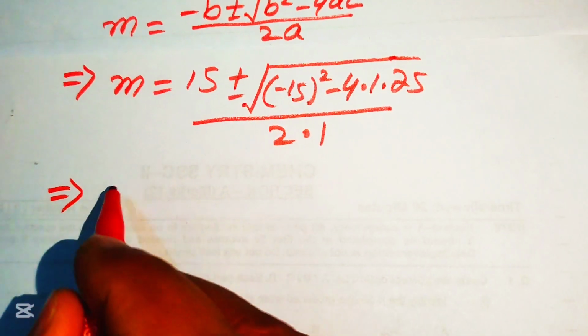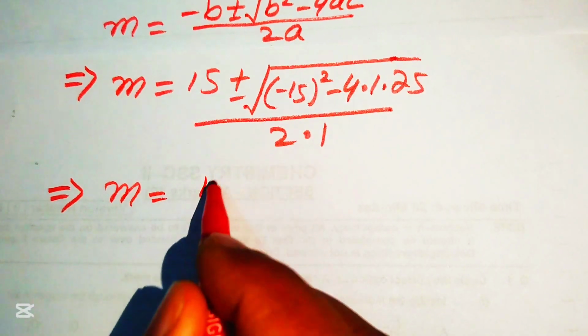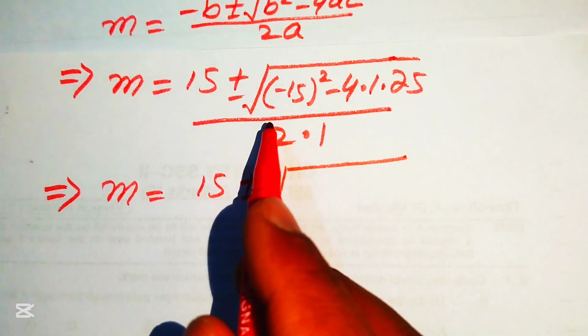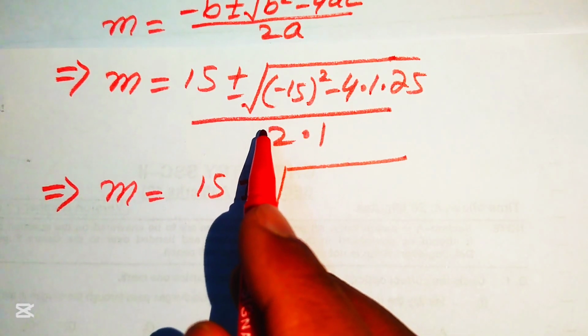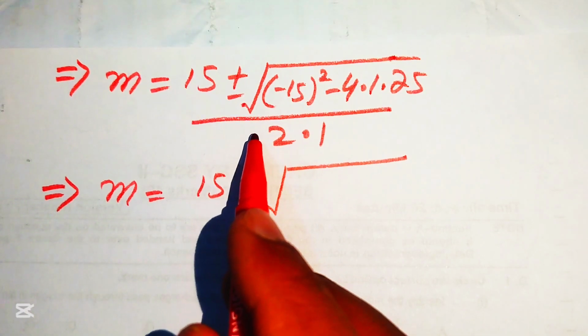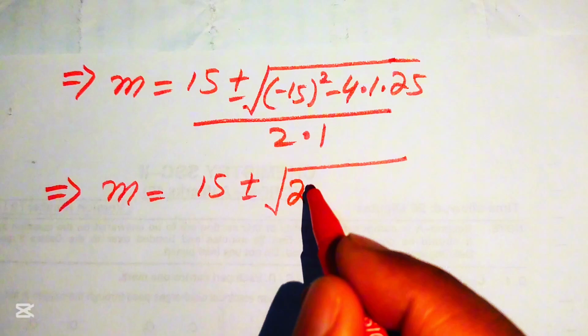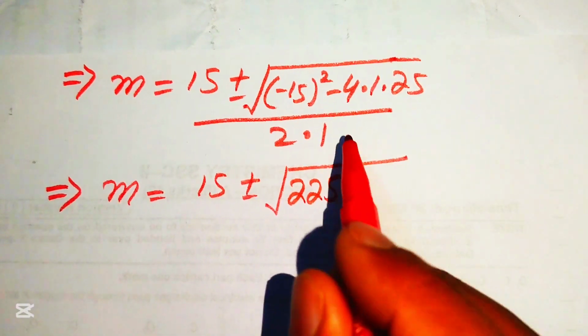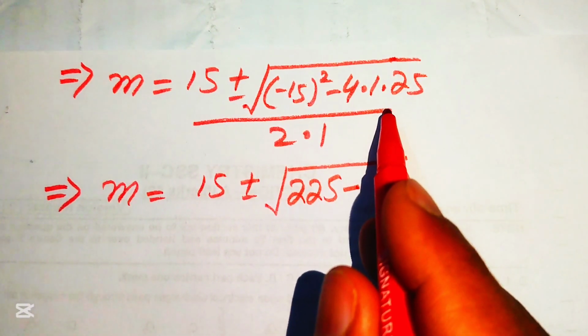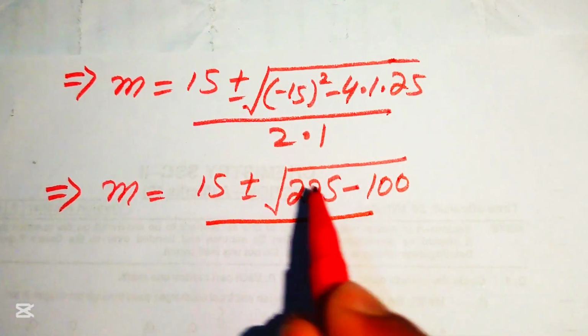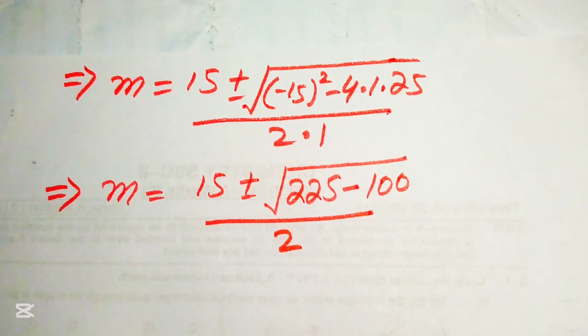So in the next step we have m equals 15 plus or minus the square root of, we know that the square of minus 15 is equal to 225 minus 4 times 25 equals 100, divided by 2 times 1 equals 2.